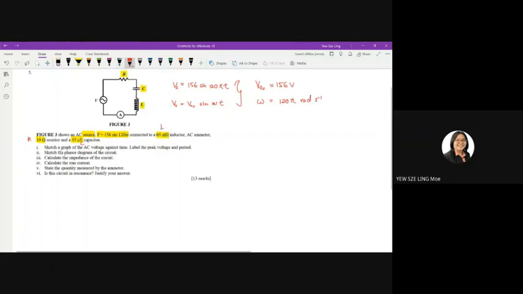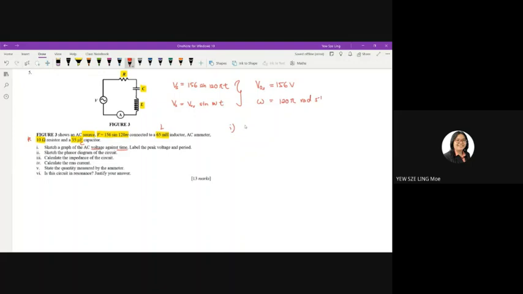Sketch a graph of AC voltage against time. How to sketch the graph? Look at the question. It asks you to label peak voltage and period, which means you have to calculate the period in order to answer question 1. How to calculate period?